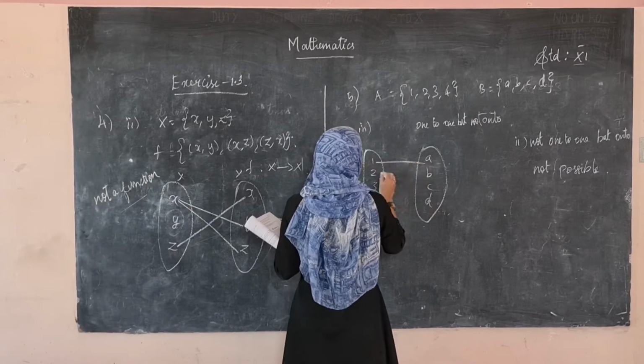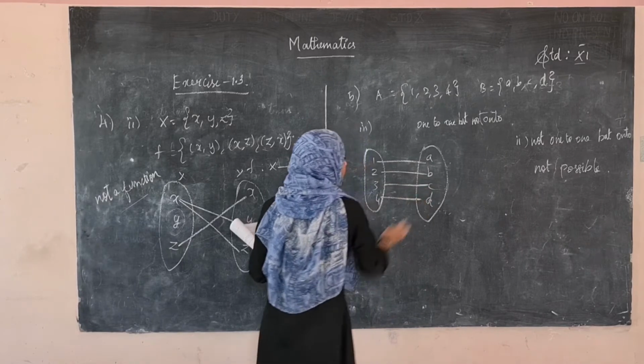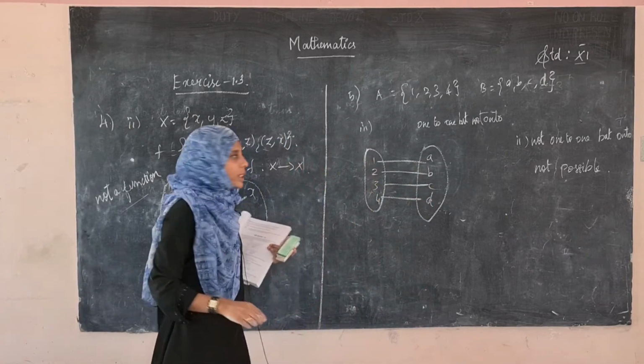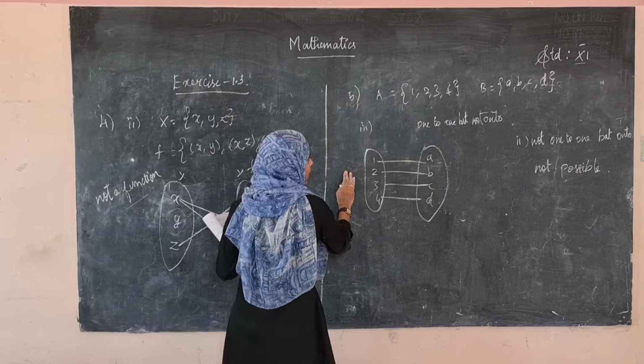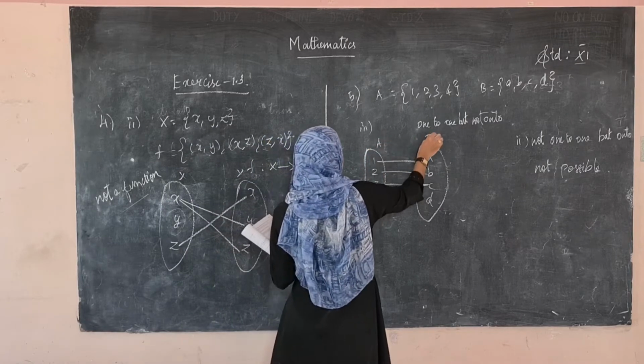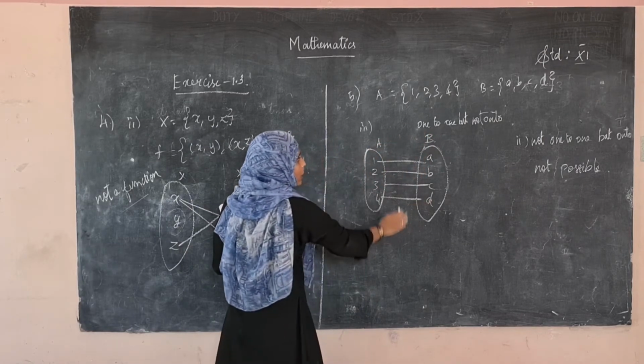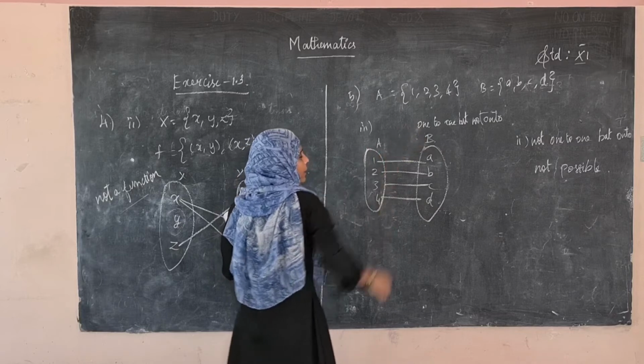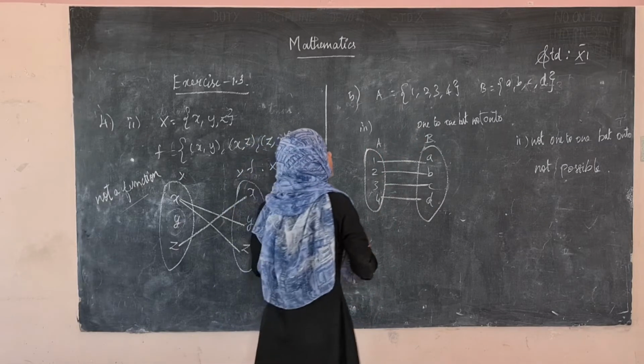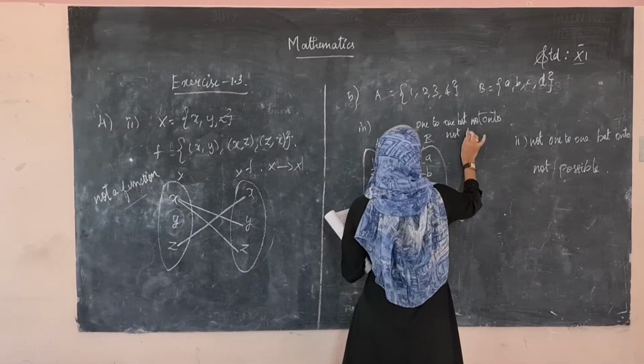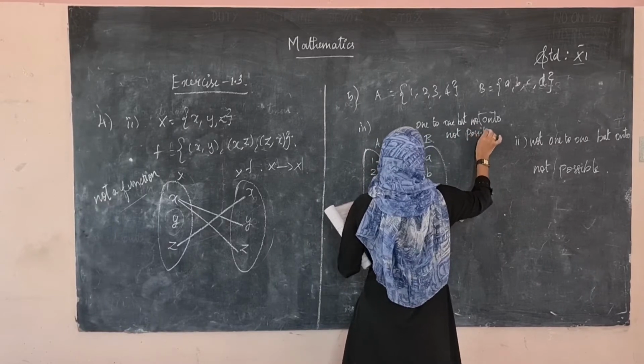One-to-one means it is like that. Is this not onto? Since we have 4 elements in A and 4 elements in B, it is not possible to get a function like this. Therefore, this is also not possible.